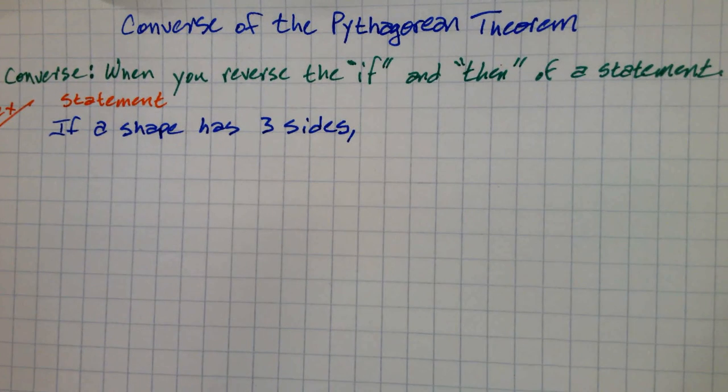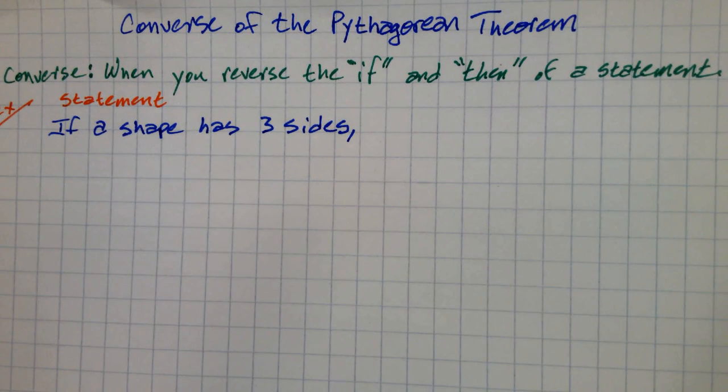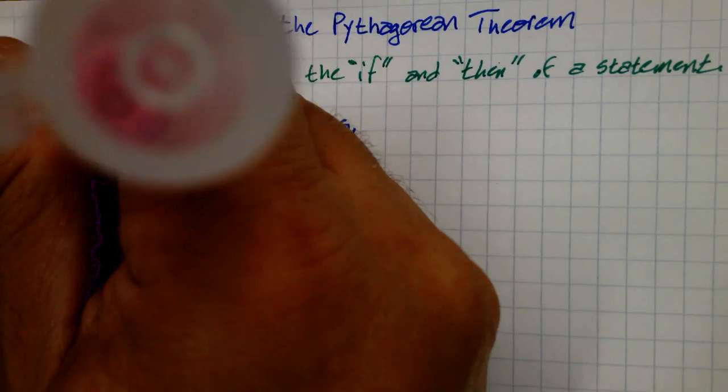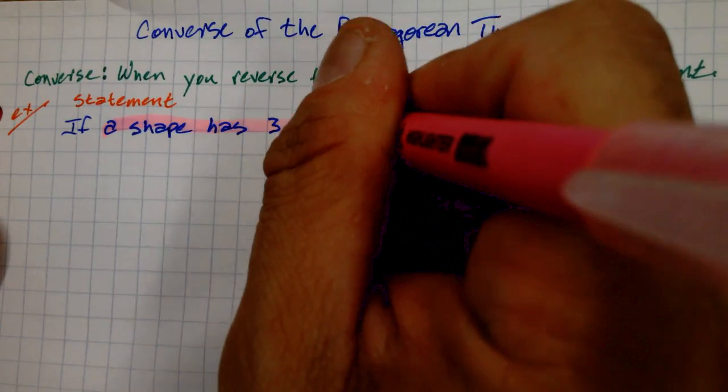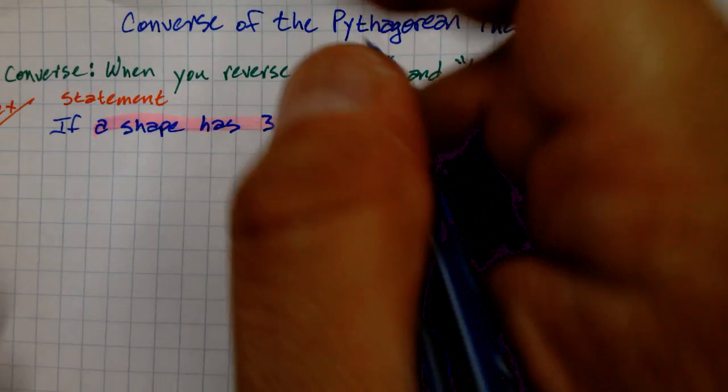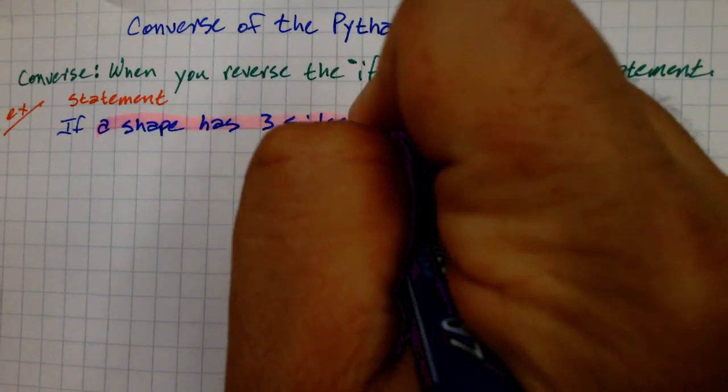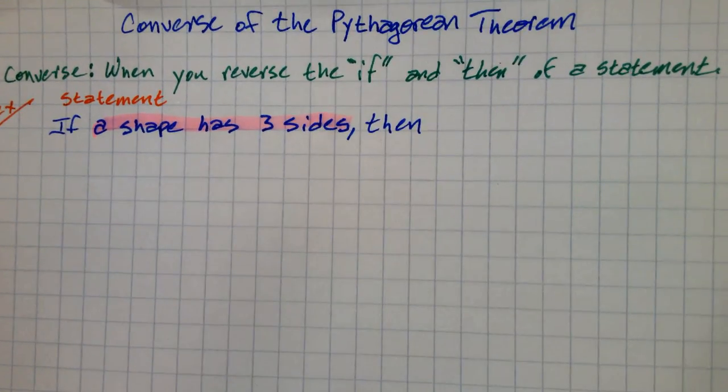That's what we call the hypothesis. The hypothesis in this case is the statement that comes after the if: a shape has three sides. The conclusion is the part that comes after the then. And that would be, it's a triangle.